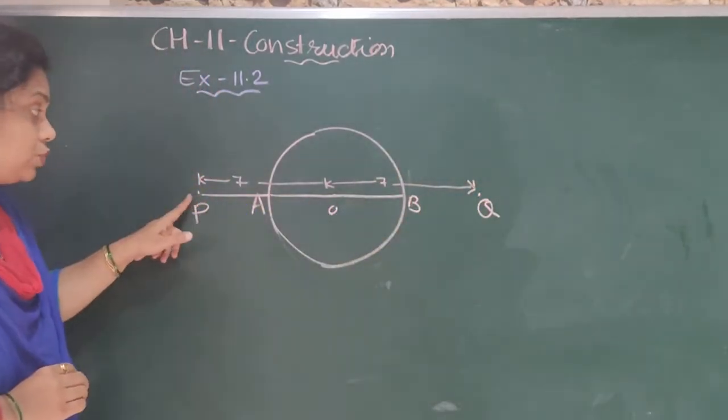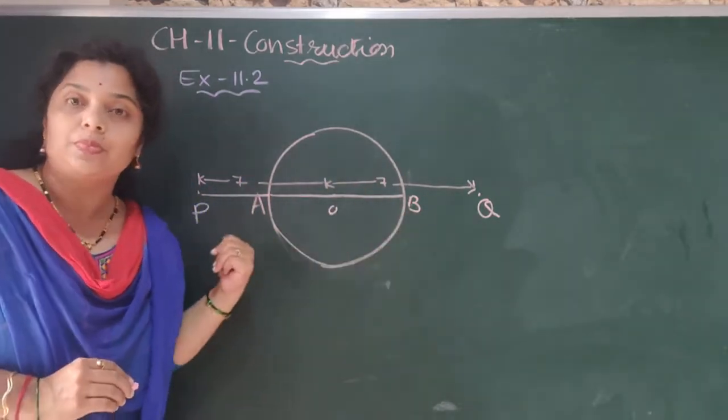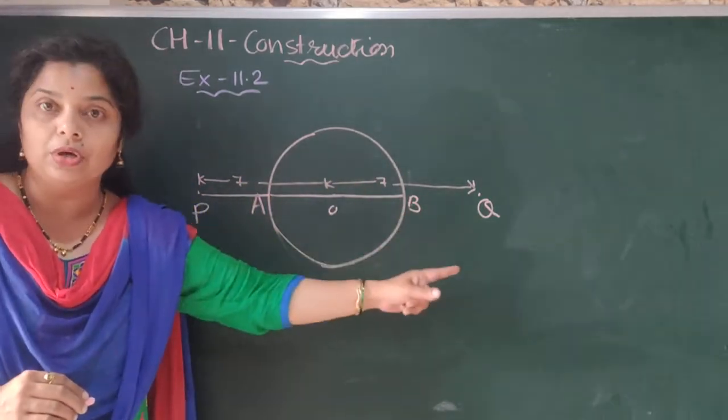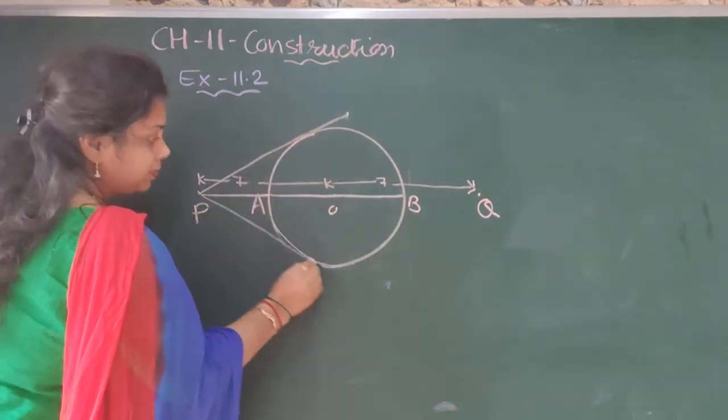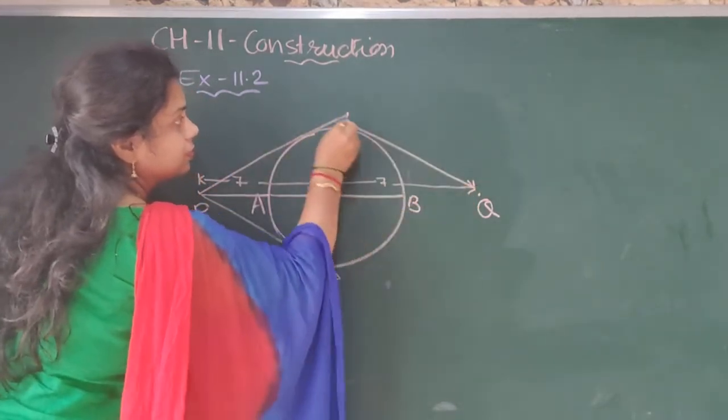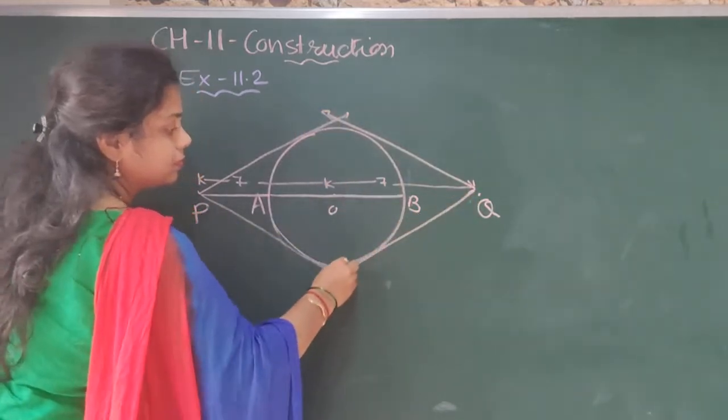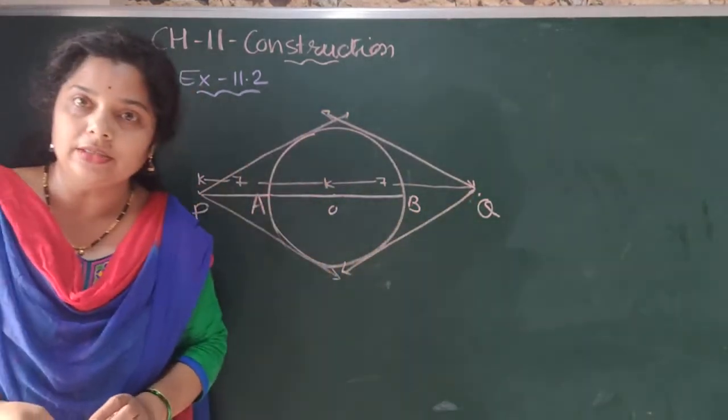And from these two exterior points P and Q, we have to draw tangents like this. Are you getting it? Okay.